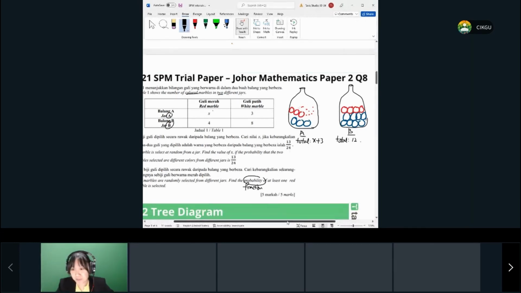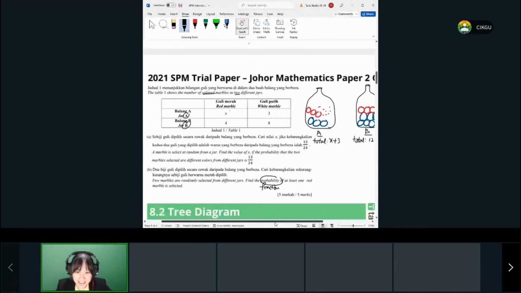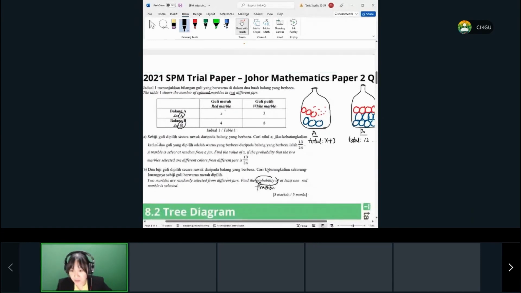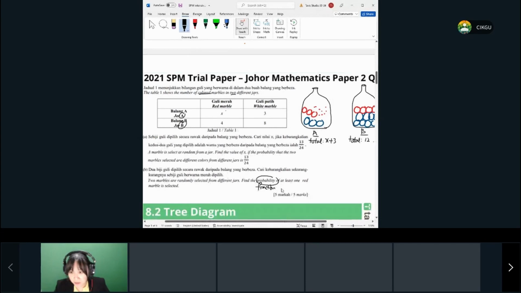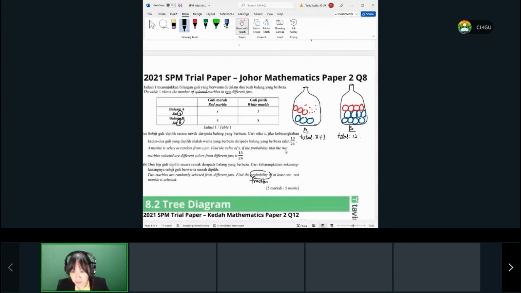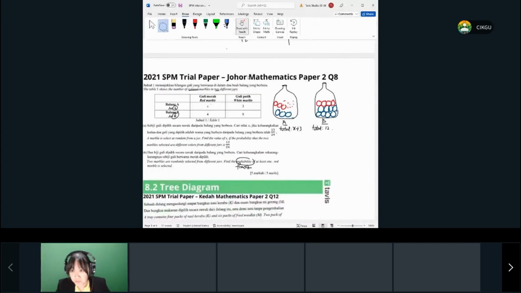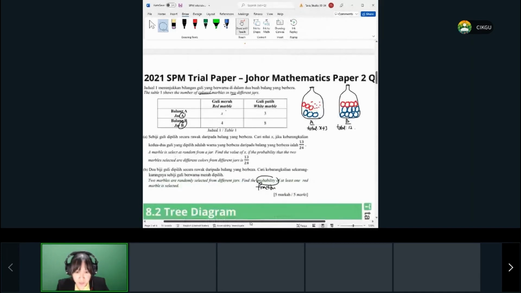Okay, done. Now let's look at the question. Let me make the diagram slightly smaller because I need the space to do the working. There, nice. So what do they say?